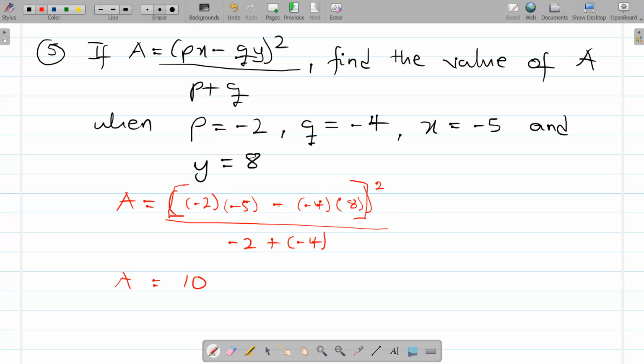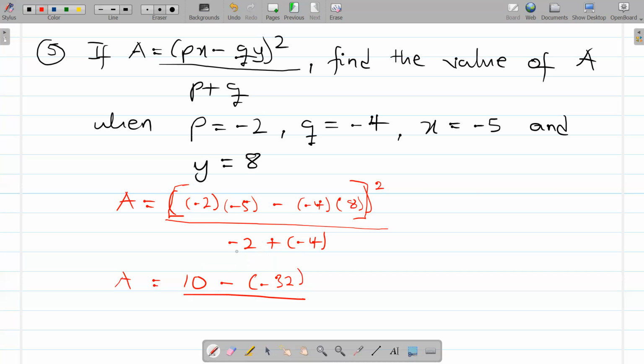Let's finish with this first. So minus 4 times 8, what do we get? We get 32. Is it negative? Yes. So this is negative 32.